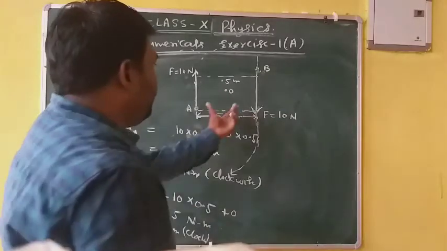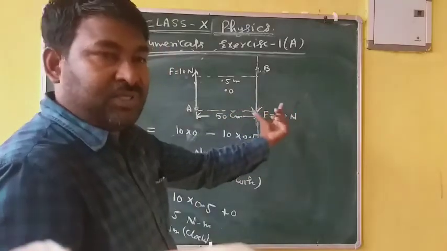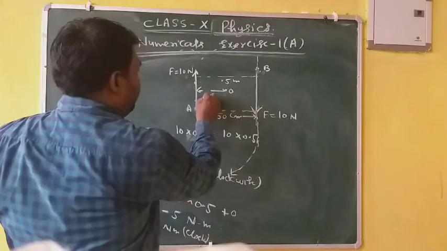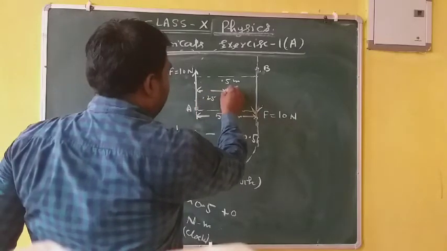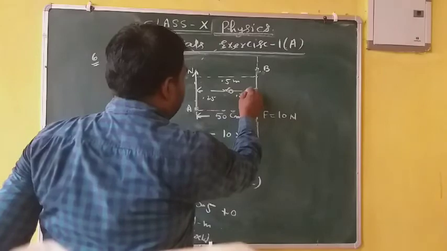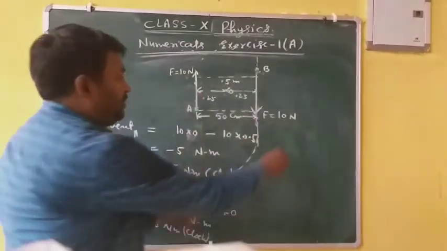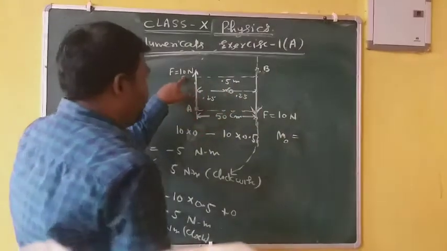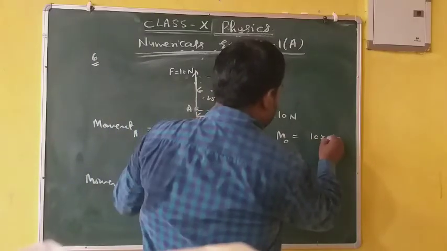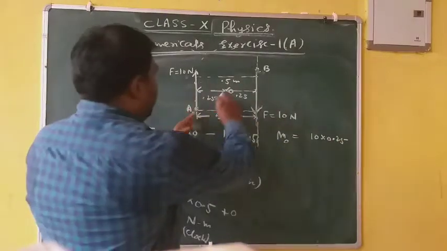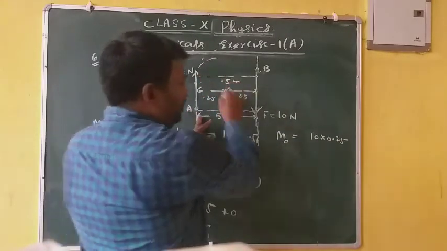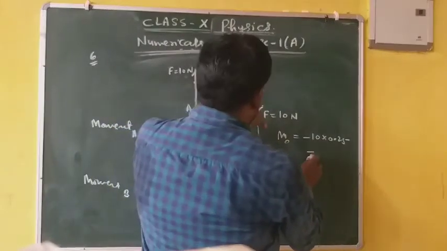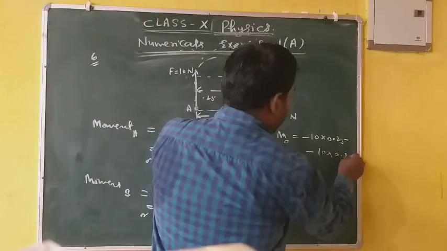Now the moment of all the forces about this point O, which is 0.25 from here to here, and from here to here it is also 0.25 meter. So the moment about O is equal to, for this force, 10 Newton into 0.25, clockwise of course about this point, so minus, and for this one also clockwise, so minus, again 10 Newton into 0.25.